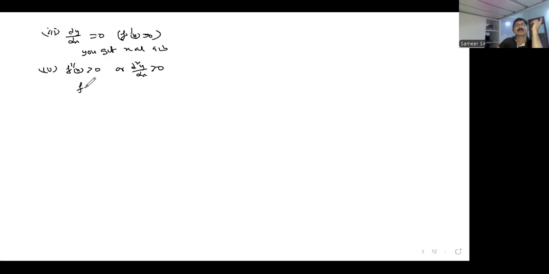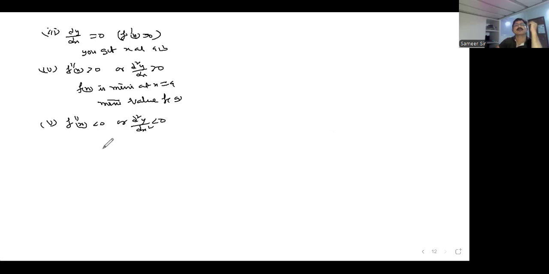Minimum. At x is equal to a, minimum value is f of a. F double dash x is what? Negative, or d square y by dx square is negative, fifth point.